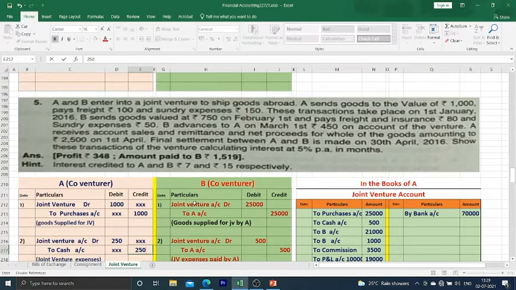Same A and B are there, that's why the same will be repeated. So in the books of B, joint venture to A 1000 and joint venture to A account expenses 250. These transactions take place on 1st January. Okay, we'll write 1/1/2016.